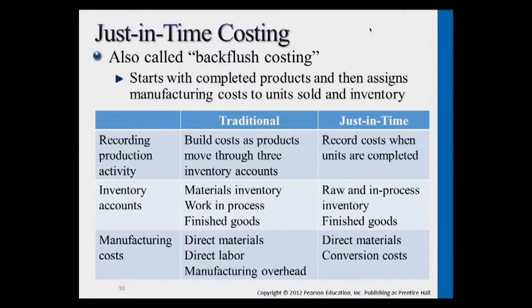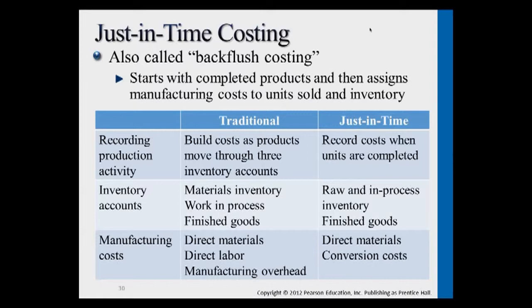So there are three major differences between the traditional and just-in-time. I have traditional on the left, just-in-time on the right. In traditional, we record production activity when we build costs as products move through three inventory accounts. With just-in-time, it's different. We only record costs when units are completed. And why is it so?